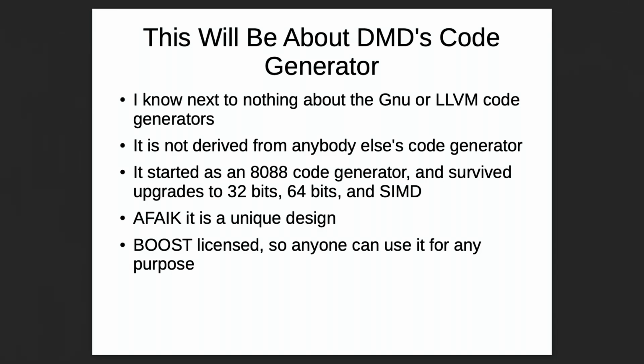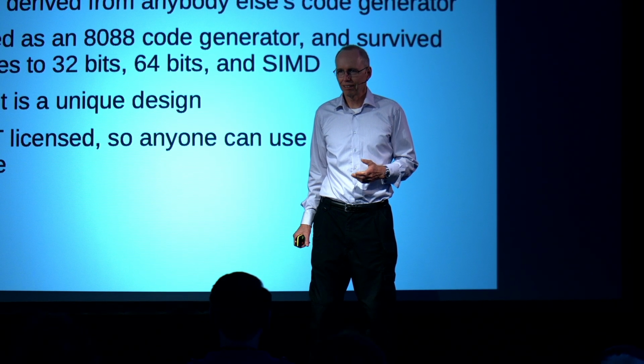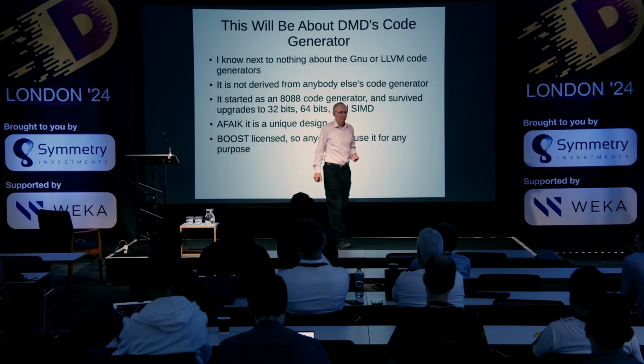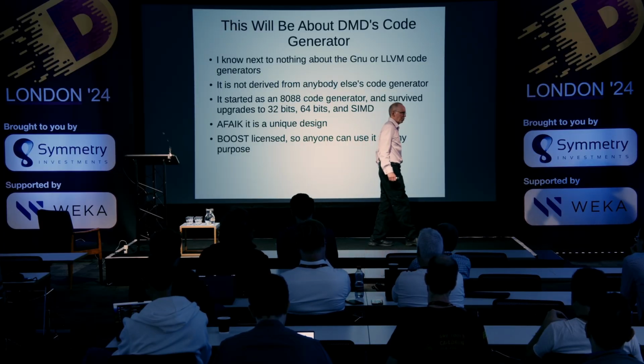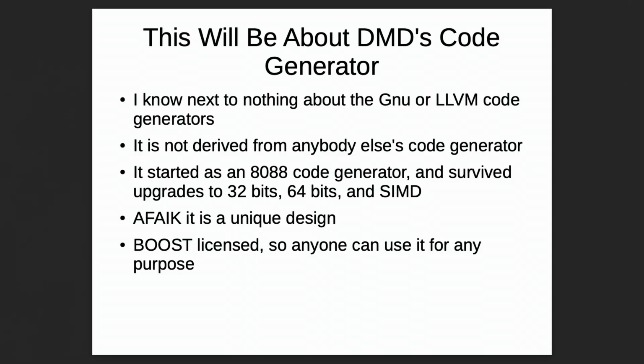This will be about DMD's code generator, which has a history going back to, I believe, 1981. I don't know if it's older than what GCC started with, but it's definitely a lot older than LLVM. I had no examples to go by and sort of invented my own scheme from nothing. It started as an 8088 16-bit code generator.